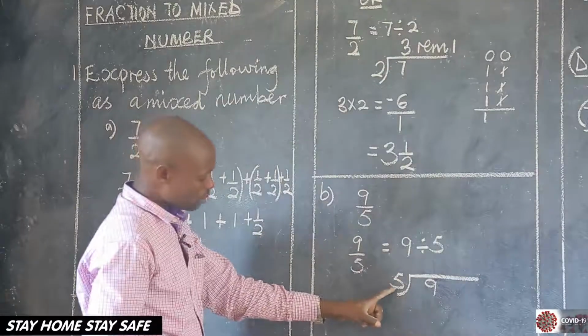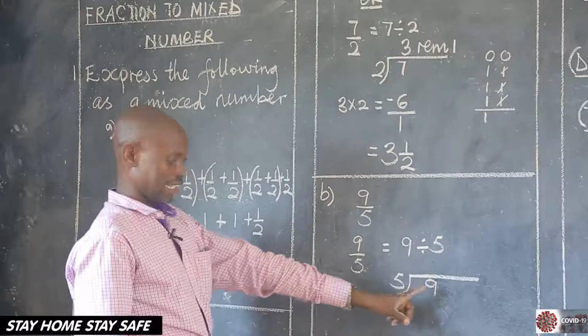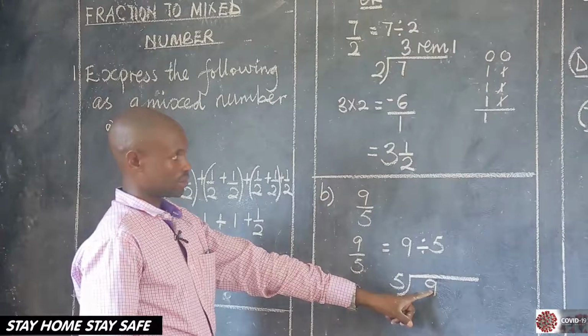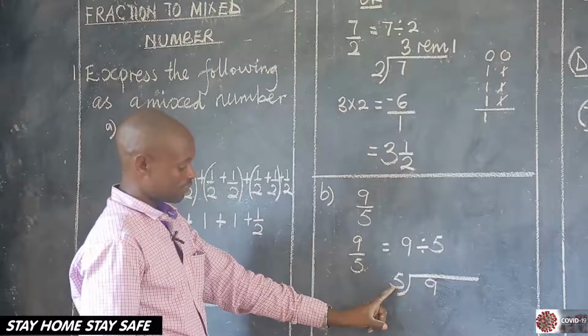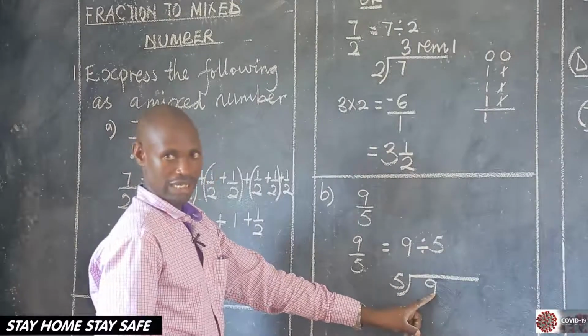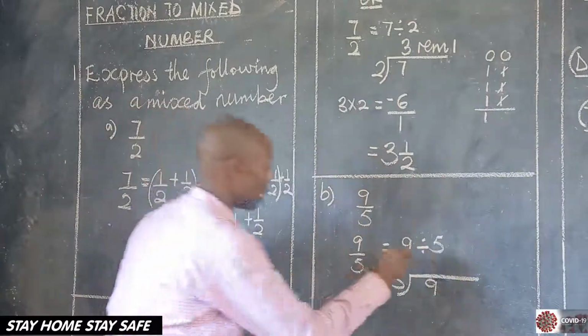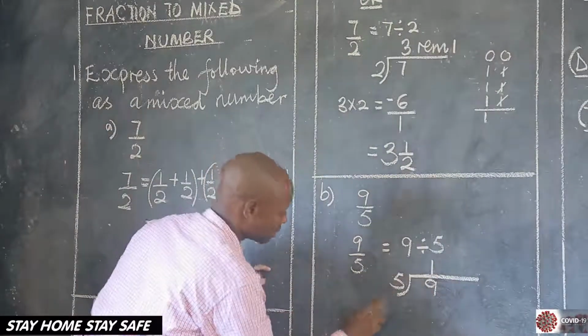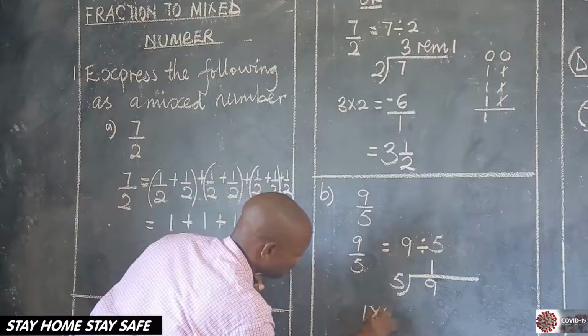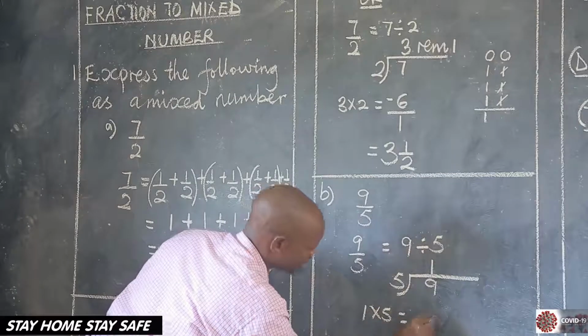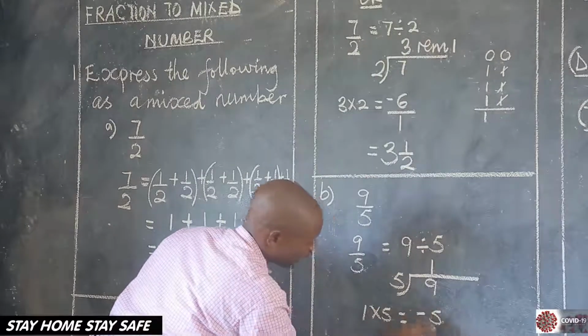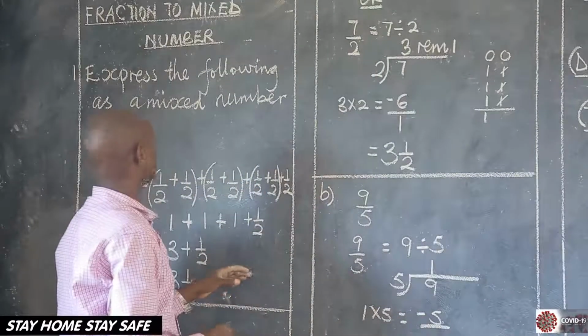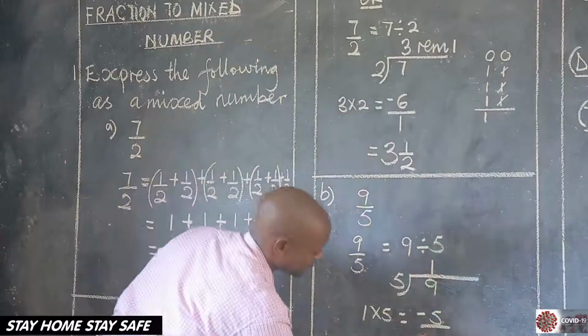So how many groups of 5 can I get from 9? You will realize that you have 1. So 1 times 5, we are going to get 5. And when we subtract, we are going to get 4.